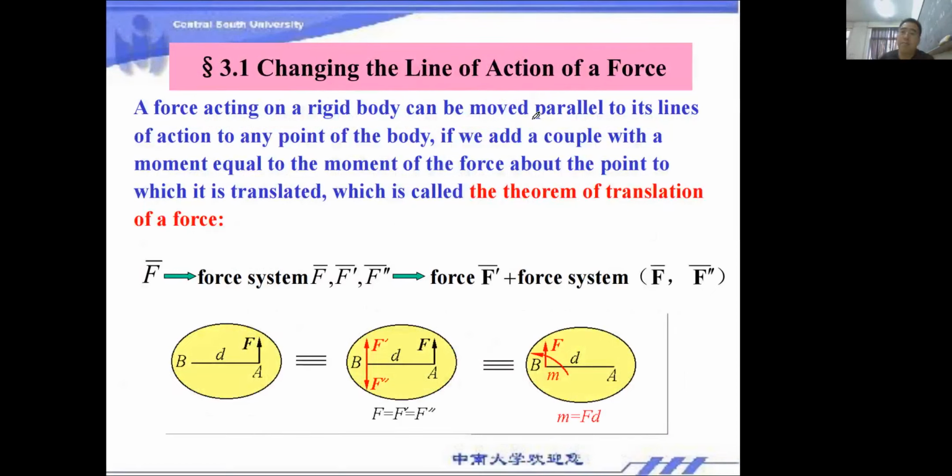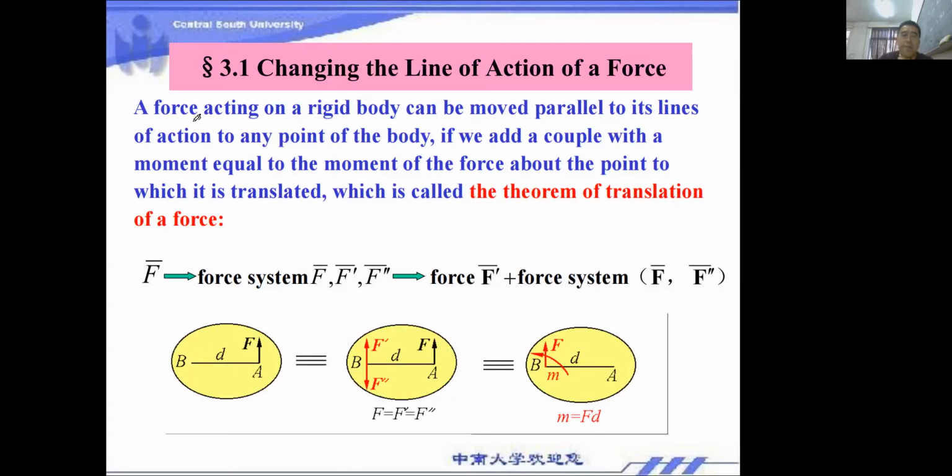Because maybe we have a more generalized force system, although it is a force system in a plane, but not all the forces intersect at a common point. Then we should try to make all the forces intersect at a common point. Then maybe we need to change its line of action, right?